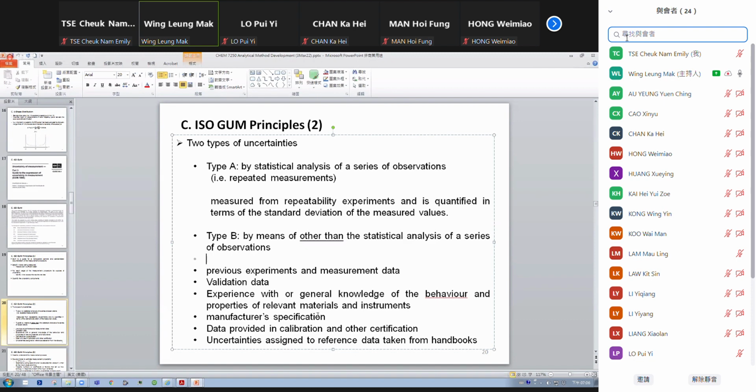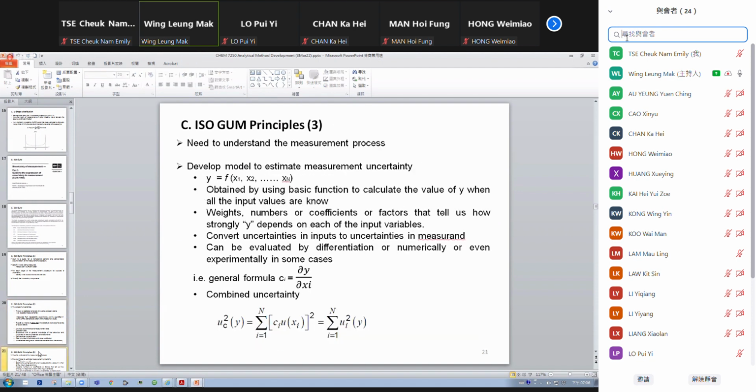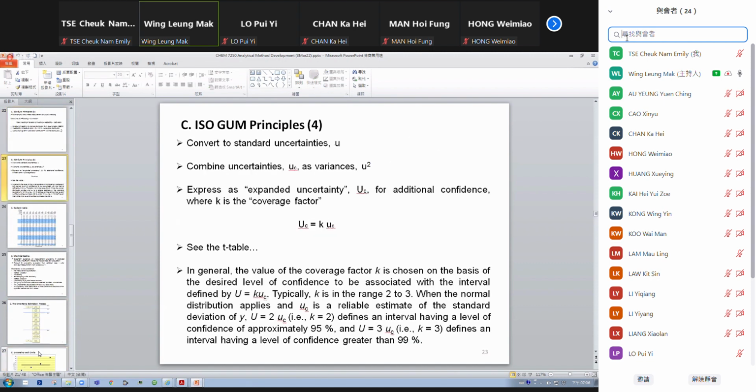Those factors are told by the manufacturers, or the information is from the certificate. After you get that information, you will use your calculation and combine them. You will have the standard combined measurement uncertainty if you have several measurements.